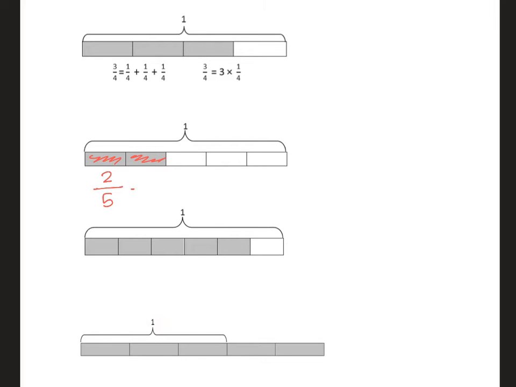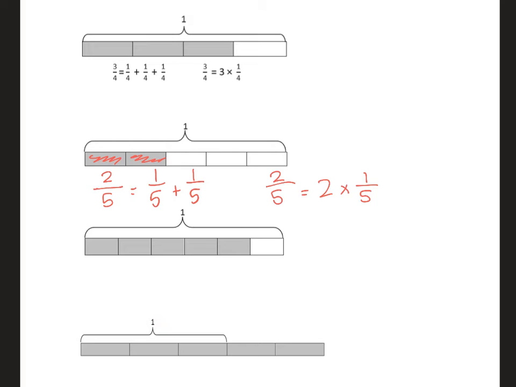So 2/5 is equal to 1/5 plus 1/5. Okay. And then I'm going to write the equivalent multiplication sentence. So I'm going to come over here and I'm going to say, okay, 2/5 is equal to, and I'm going to ask myself, how many copies of 1/5 do I have over here? I have 2 copies of 1/5.